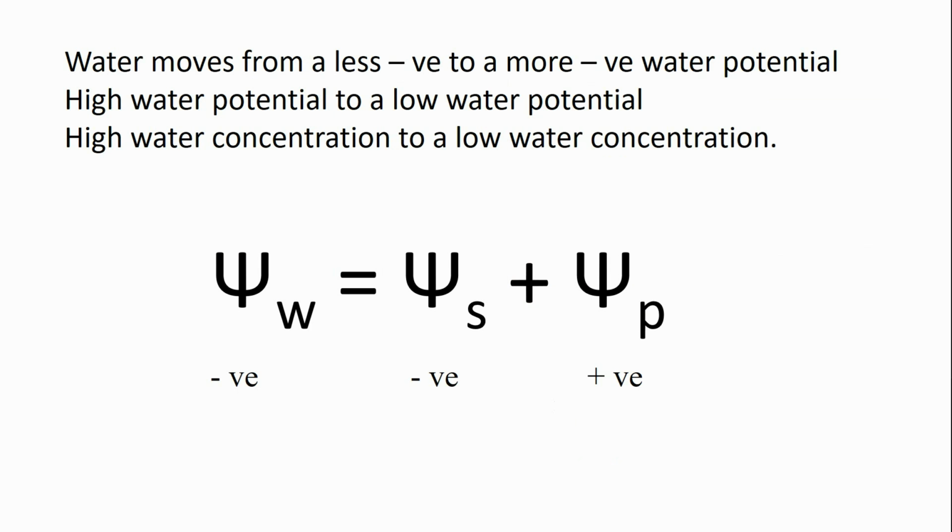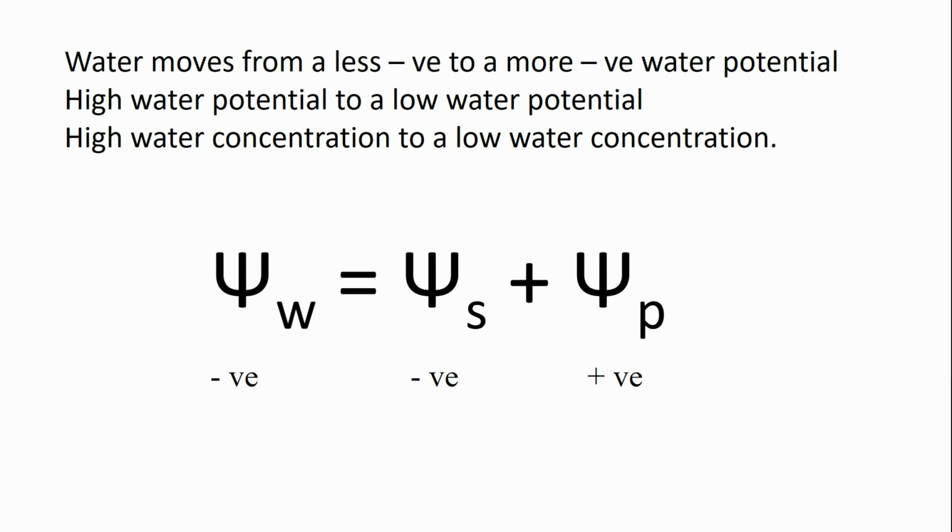Now, I get very, very confused in this section. I get very confused because of the high water potential to a low water potential, from a high water concentration to a low water concentration. It gets too much. Because this is going to be online and I can't see you, perhaps you want to have this slide pasted somewhere on your wall, so as you're going through the lecture slides, you can continue coming back to it.